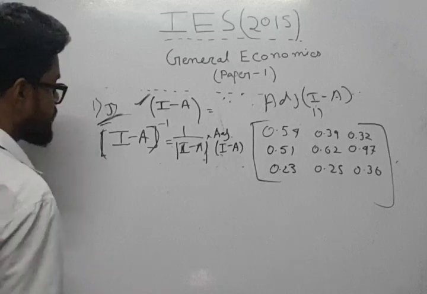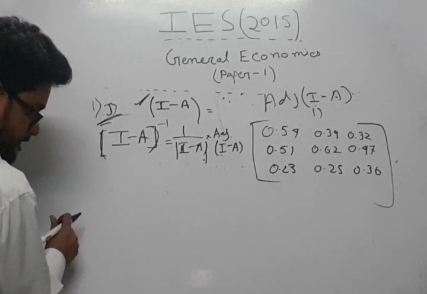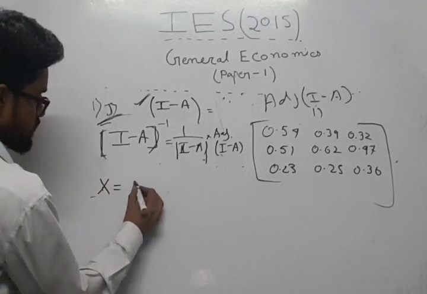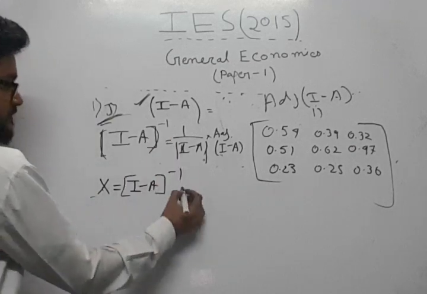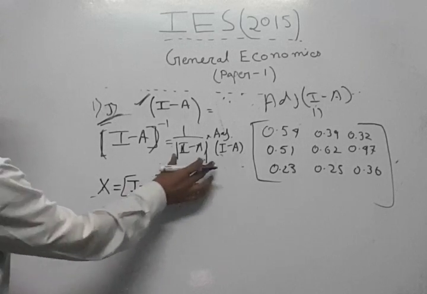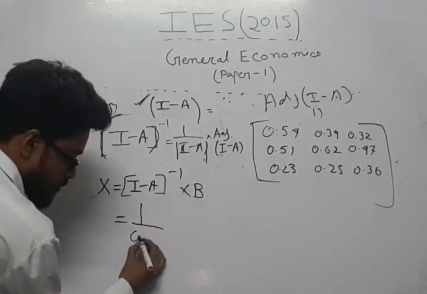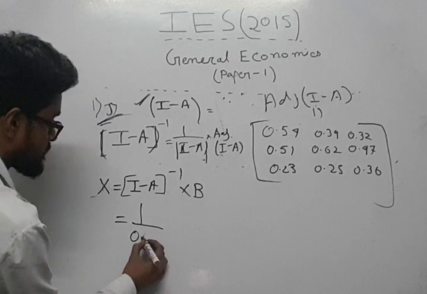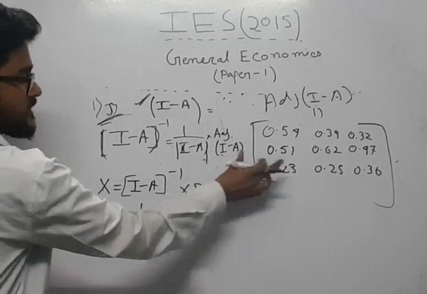So now we'll put all the values that we have found. We'll write down x equals this term into B. So it will be like this. See, now for this we know this is the thing. So 1 by, we have found the value of this to be 0.151, and we have found the value of this to be this.